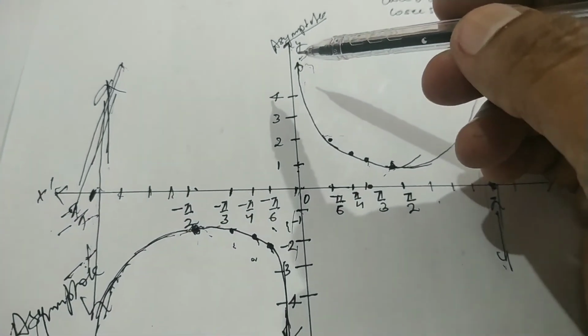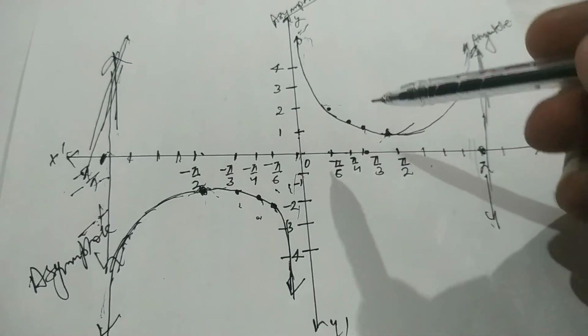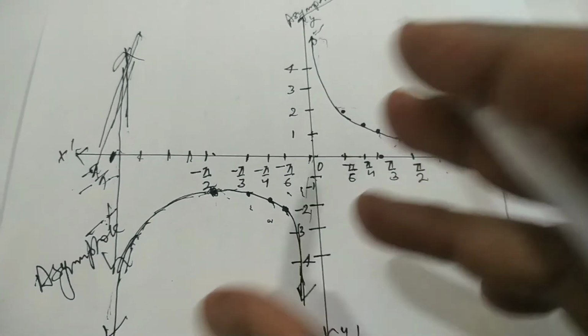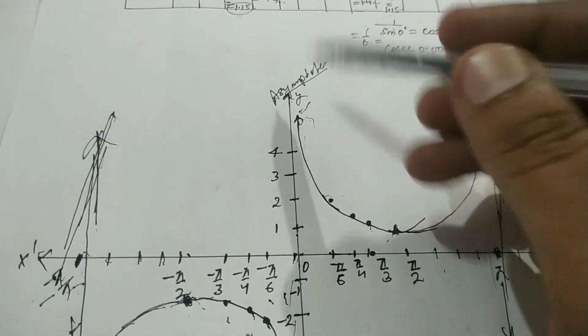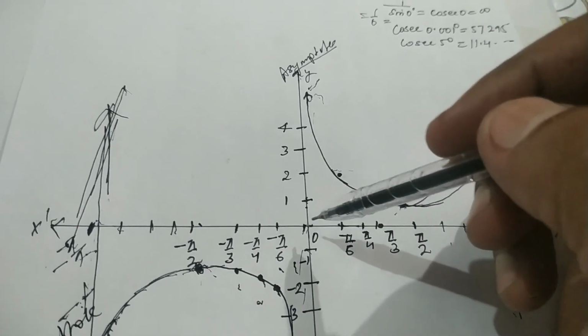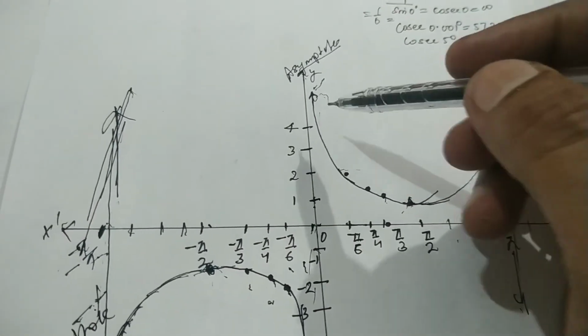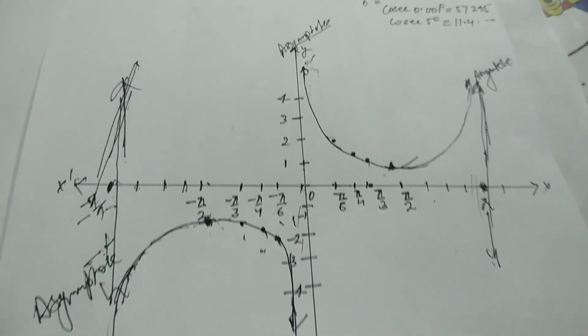Here the y-axis is behaving like an asymptote for both cases, in the first quadrant and the fourth quadrant. It moves to infinity, and very close to 0, it is very near to infinity. That is the graph of cosec x.